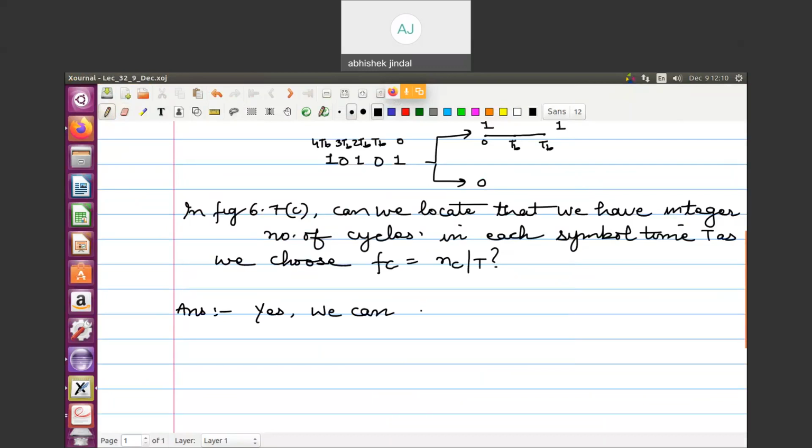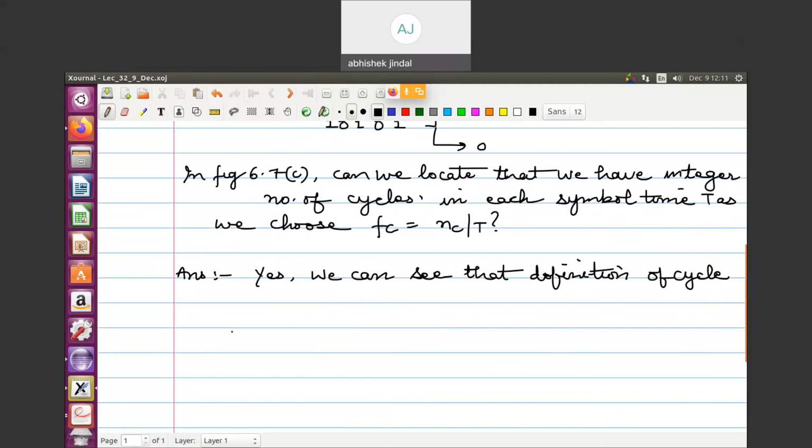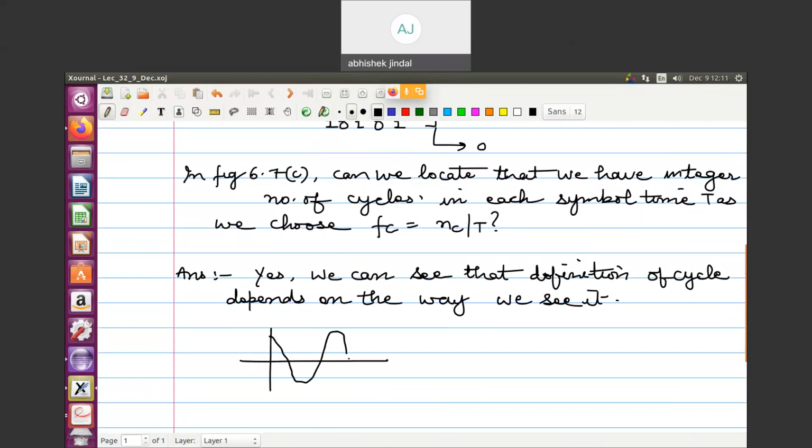We can see that the definition of a cycle depends on the way we see it. How? Let us say this is one cycle. So this is the cosine waveform. I can take any 2 pi chunk of it and say that that is a cycle.